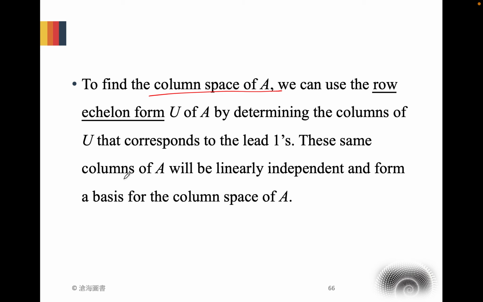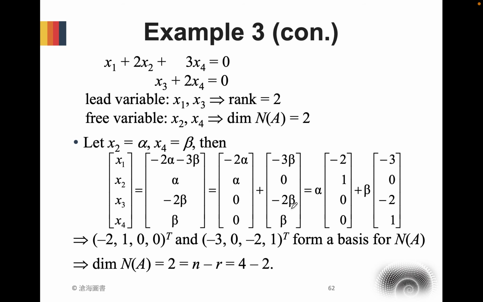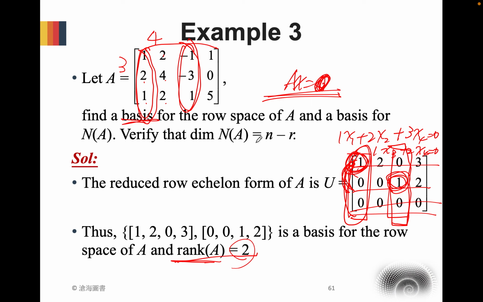These same columns of A will be linearly independent and form a basis for the column space of A. I have done this before. Because the leading variables are at the first column and the third column, we can just take the first column of A and the third column of A to form the basis of the column space of A.